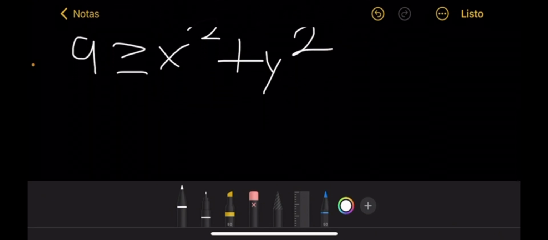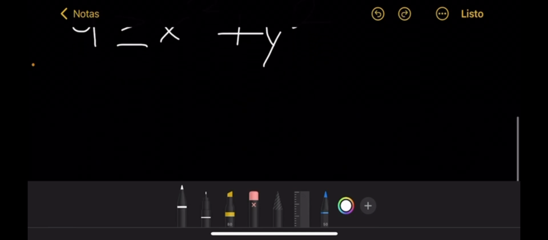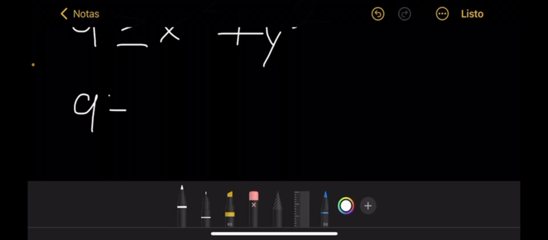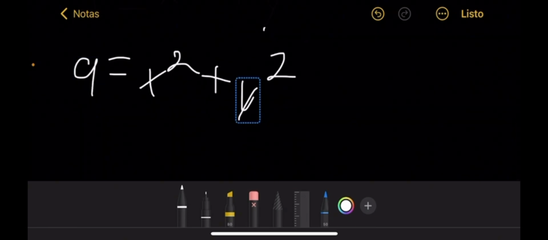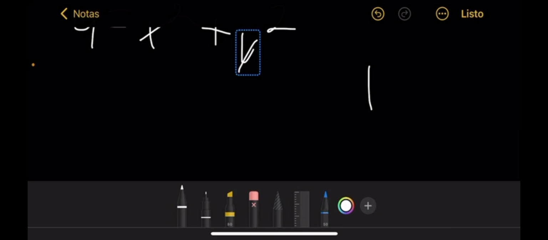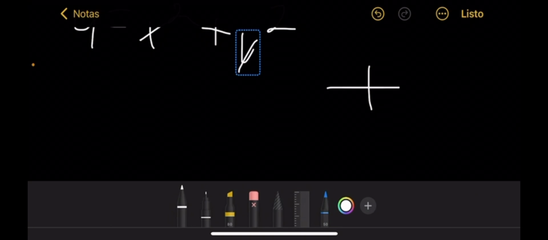If we put this expression into an equation, we can see something like this: 9 equals x squared plus y squared, and this is a circumference equation. If we put a plane over here, we will see how our circumference forms.